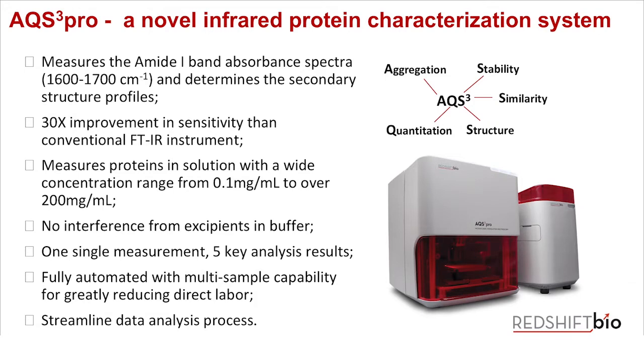There's no interference from excipients in the buffer. And in one measurement, you can get 5 key analysis results, including structure, similarity, stability, aggregation, and quantitation. Also, AQS²pro is fully automated with multi-sample capability and saves up to 20 times in direct labor. As we mentioned in the previous slide, AQS²pro also offers a streamlined data analysis process, which users like a lot.